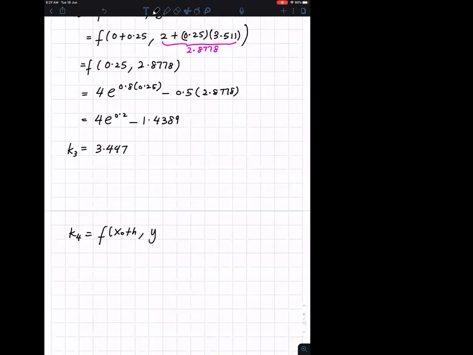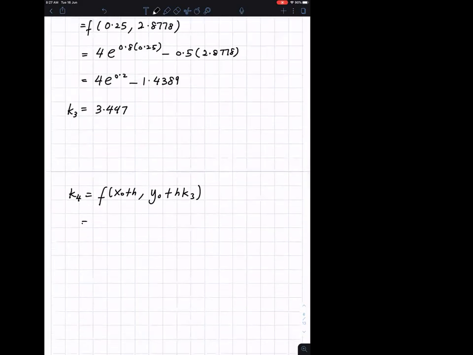And then here it's going to be Y naught plus HK3. See the difference between K2, K3, and K4? As you can see, there's no complex mathematics involved here. It's just playing with the numbers. 0 plus 0.5.